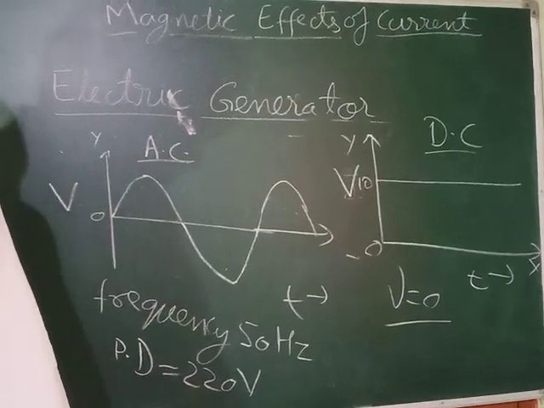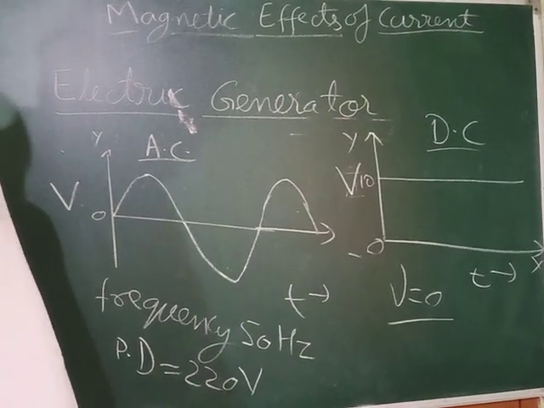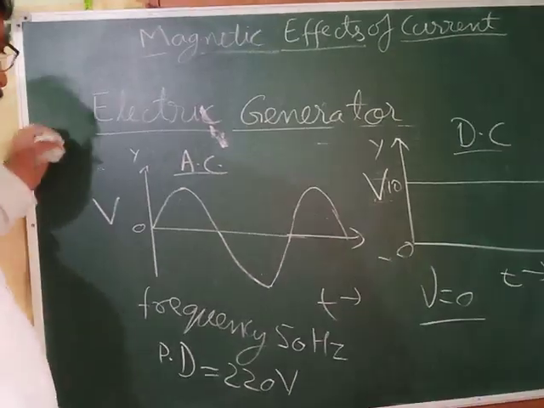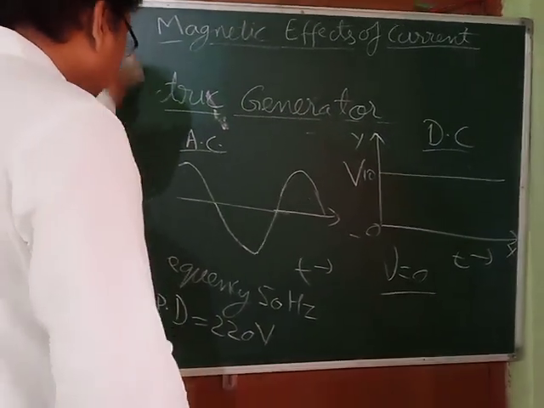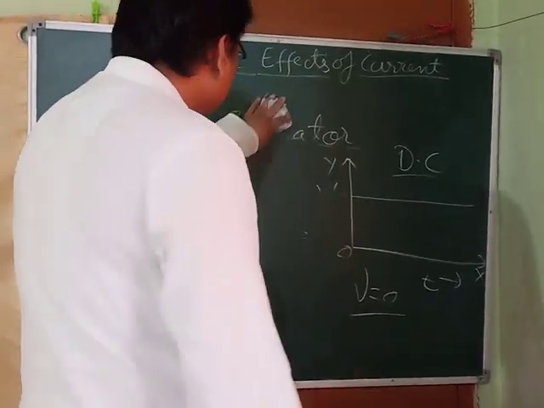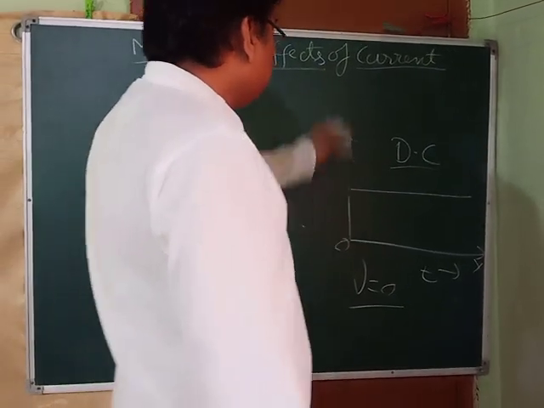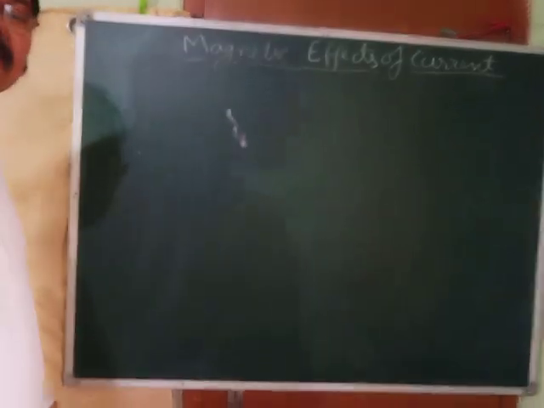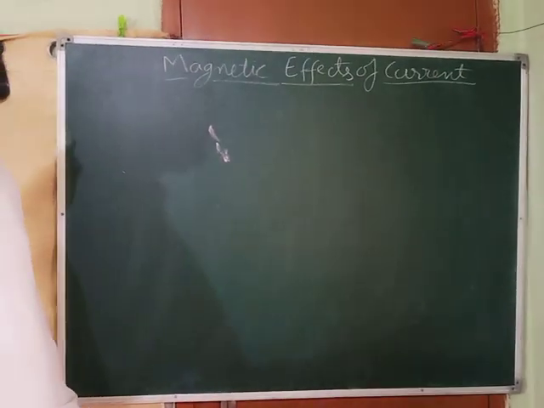Now, next is your domestic electrical circuits. What happens in the domestic electrical circuits? Actually, you see, these devices are connected in parallel. They are not connected in series. Why? Because we know that if they are connected in series and one device is switched off, then all will switch off.